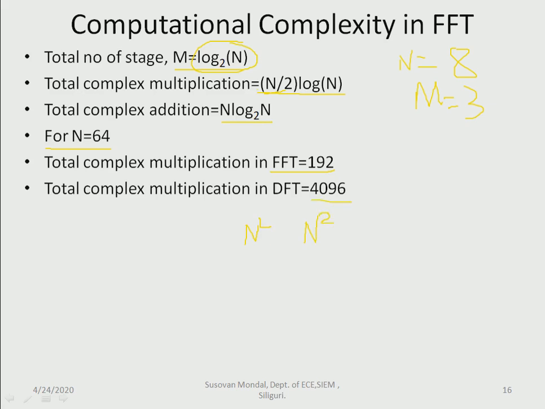This clearly says that FFT reduces the total number of complex multiplications. This is an example of why it is called fast Fourier transform. So how much faster? For n equal to 64, it reduces the number of complex multiplications in a huge manner.